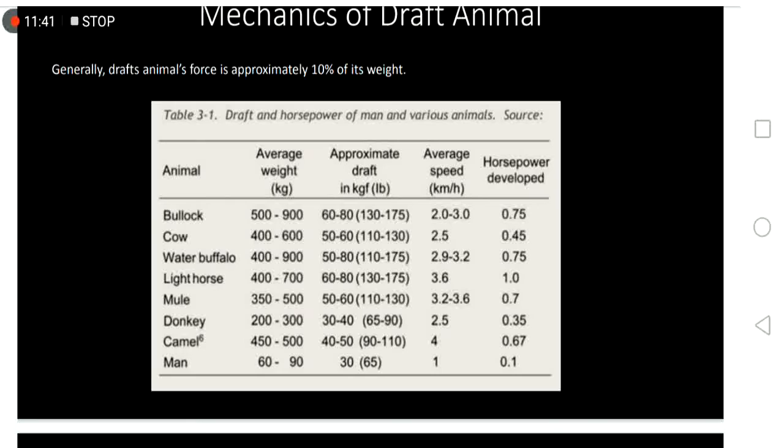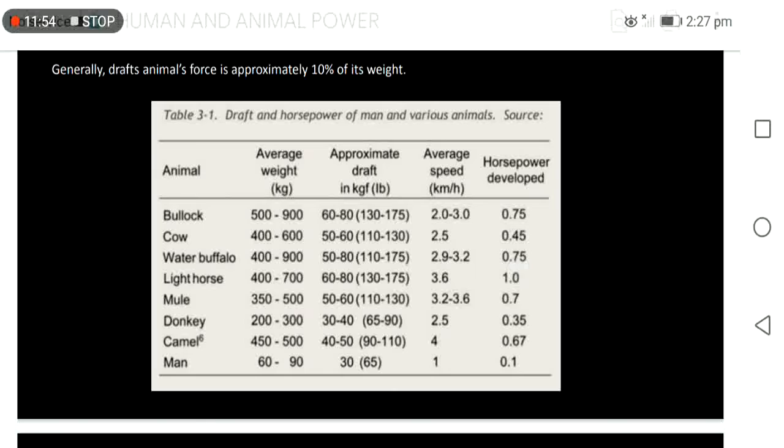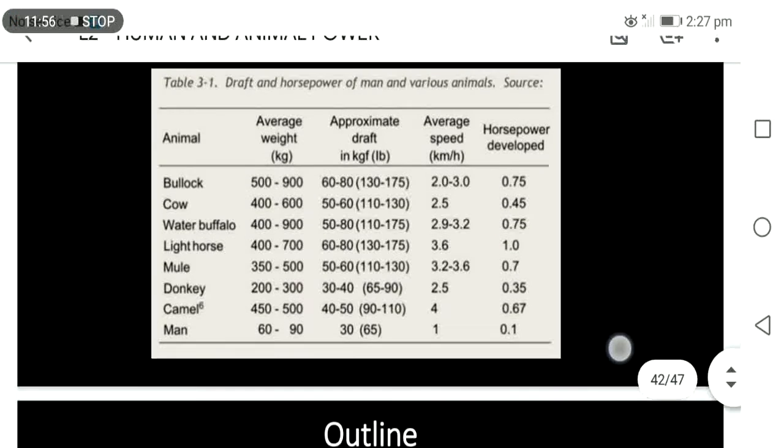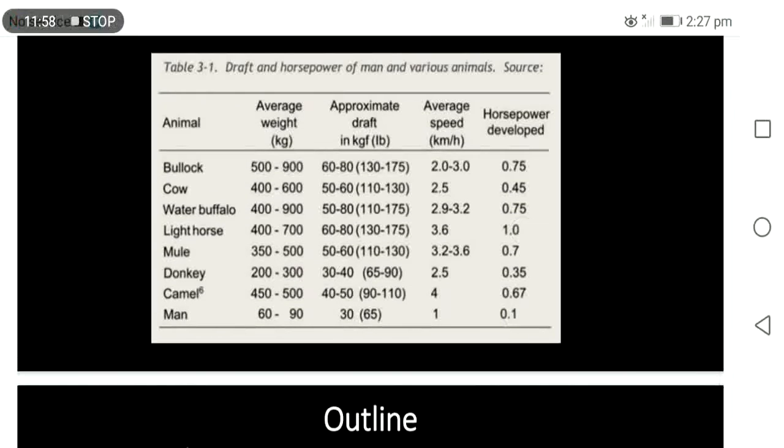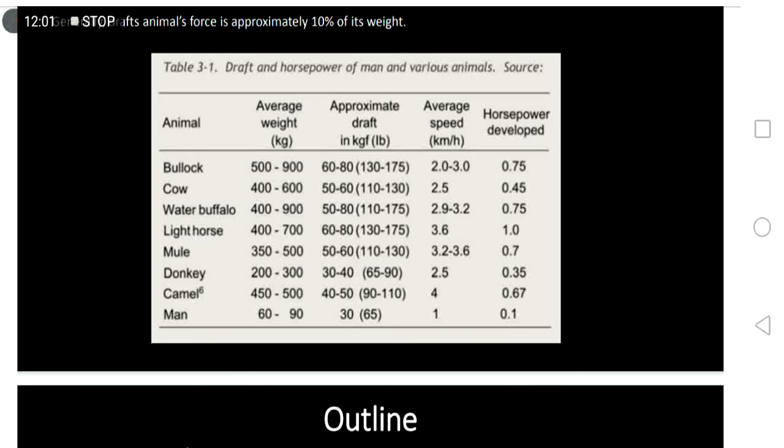than the man. As you can see there, the power of man is approximately about 10% of the power of the horse, since 0.1 is about 10% of 1.